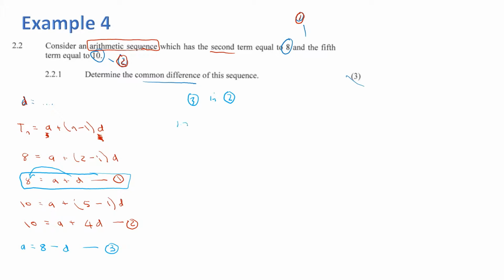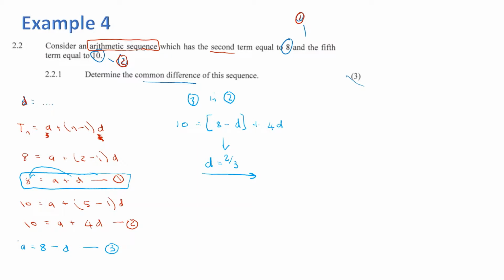We're going to have 10 equals 8 minus D plus 4D. If we solve this, we get D equals 2 over 3. That's the answer for 3 marks.